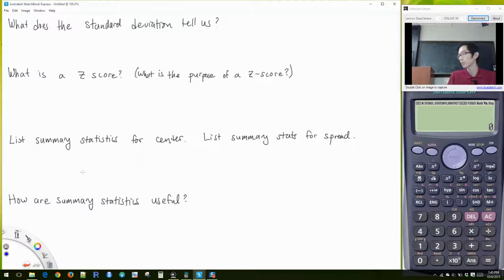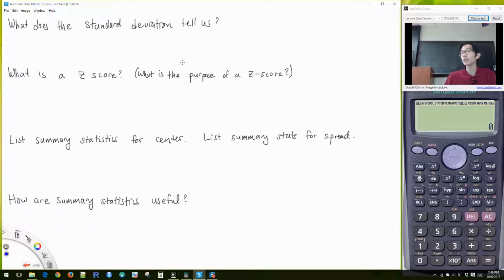All right. Does someone want to volunteer an answer for the first question? What does the standard deviation tell us? Square root of the variation. Okay, square root of the variation. Maybe, so that is kind of the formula, but then why would we calculate the variation? The average distance between each number?